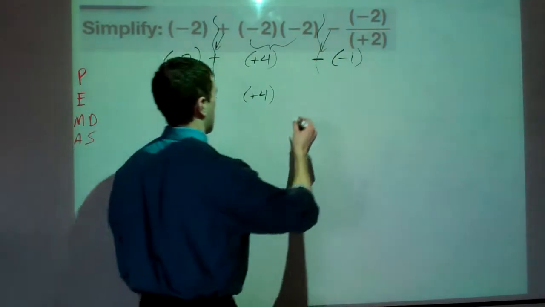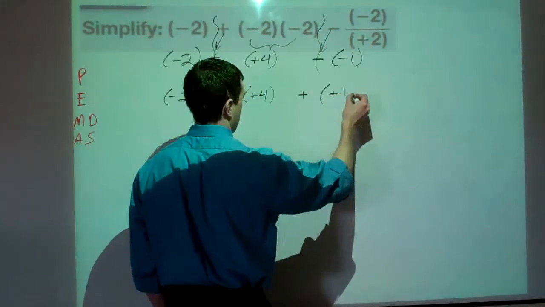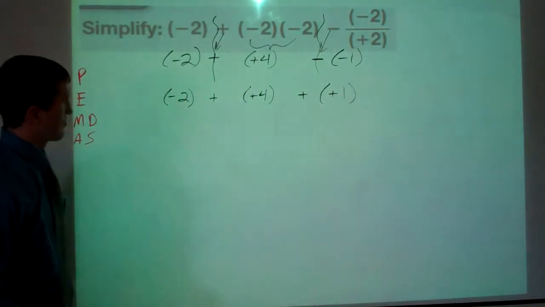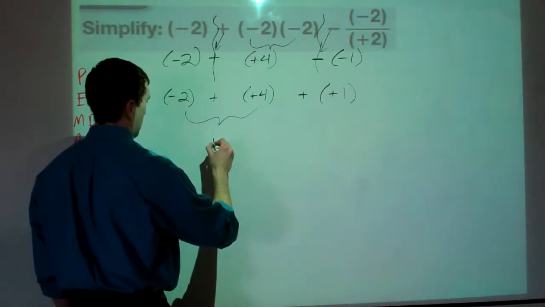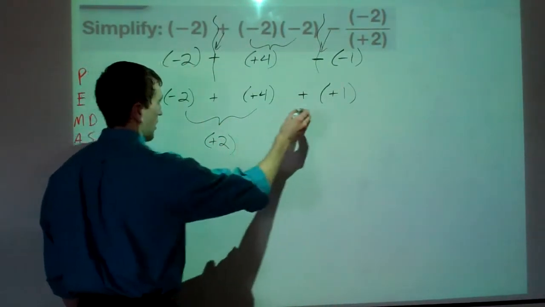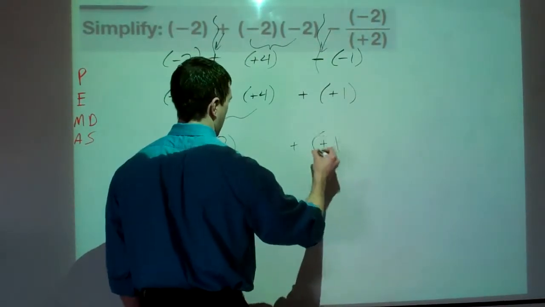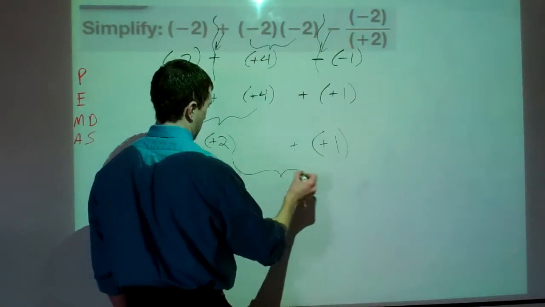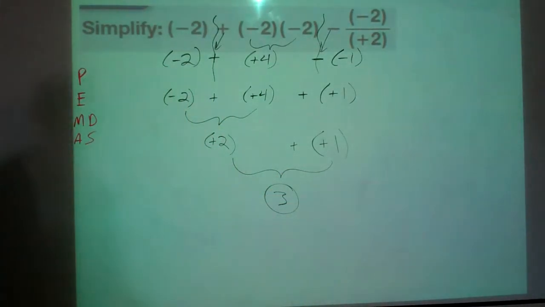So we're going to change it to add the opposite of -1, which is +1. Alright, so -2 plus 4 is +2. I'll drop this down, plus +1, and we know that 2 plus 1 is 3. So there we get 3.